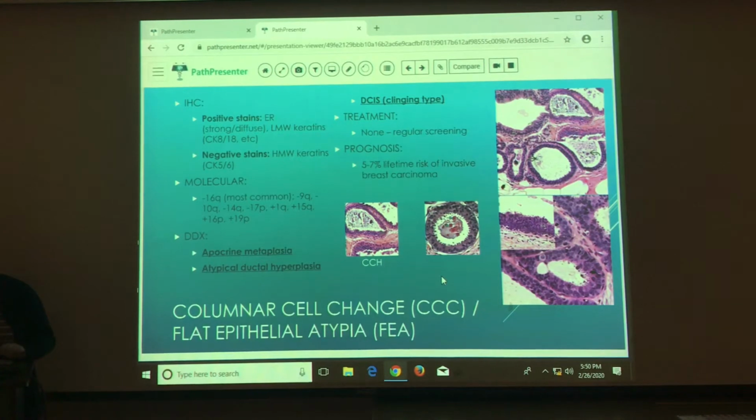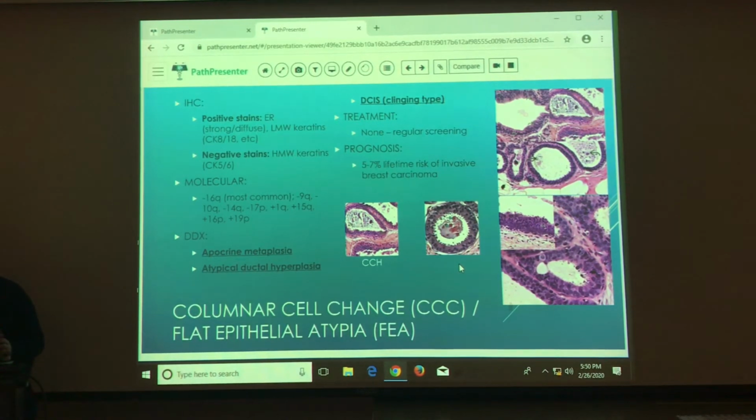What else? Most of these lesions have the same 5 to 7% lifetime risk of invasive breast carcinoma. CCC tends to have 16q loss, which is the most common, but you can see there are a lot of other cytogenetics, some associated with our low-grade lesions.